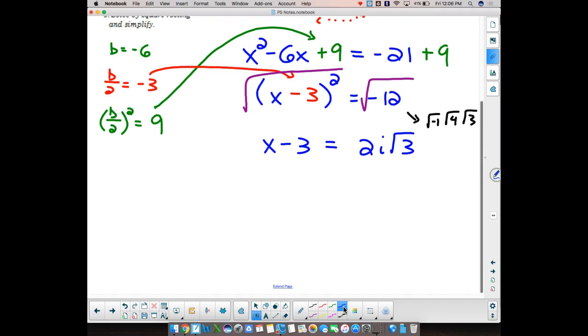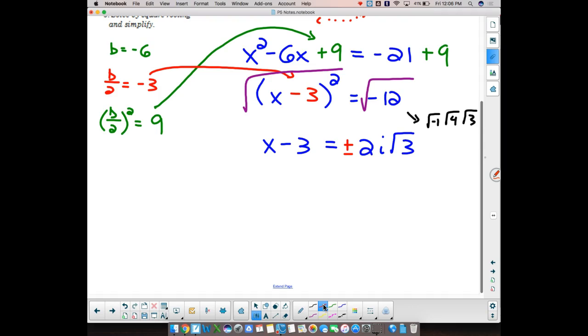But what did I forget? Because we took the square root, and we're solving, we've got to add in that plus or minus.